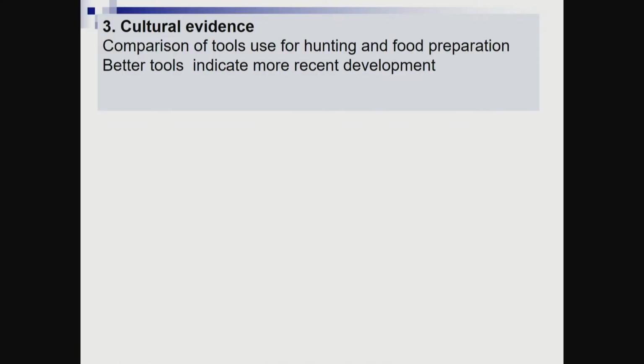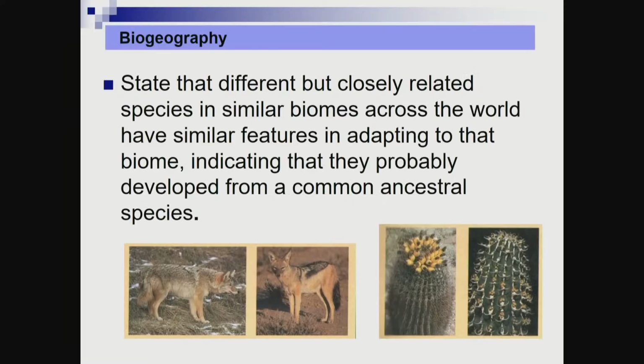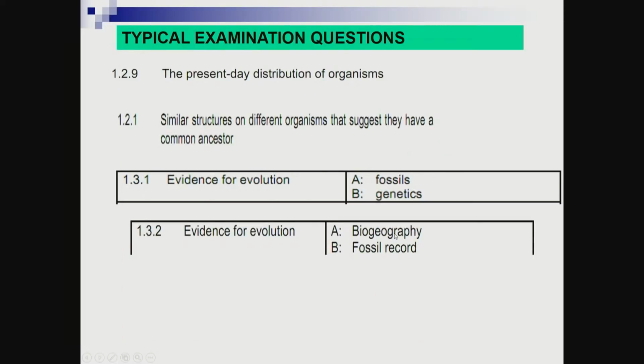And then cultural evidence is the use of tools and weapons. And we also have biogeographic, which states that they developed from a common ancestor. These two different species are examples that they can use to explain that.